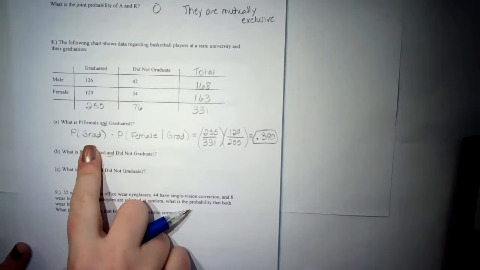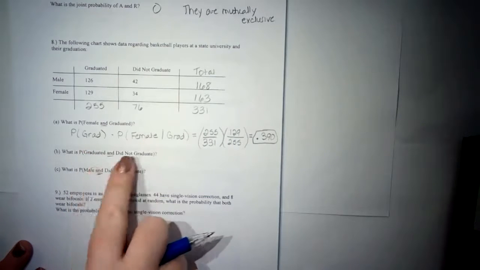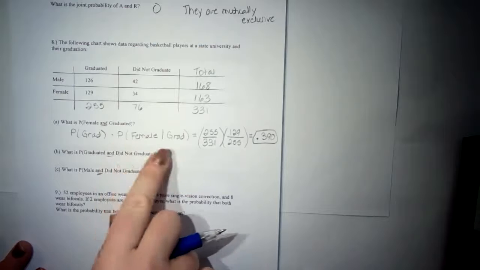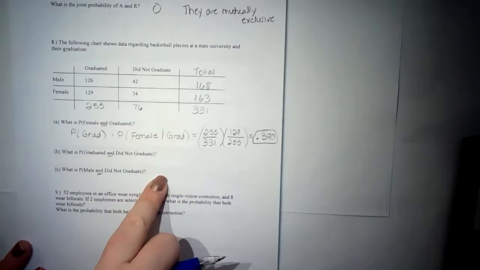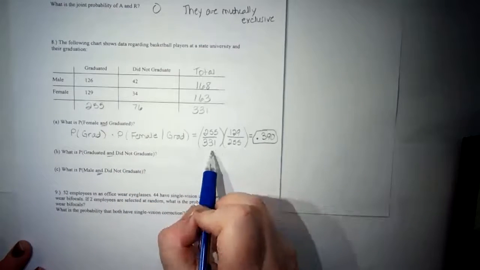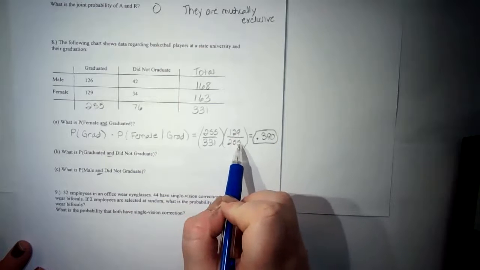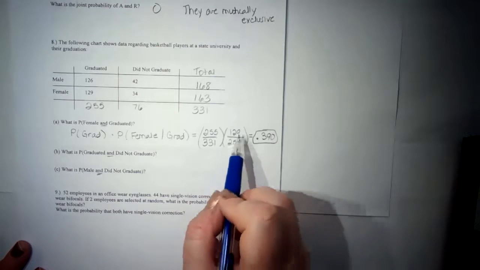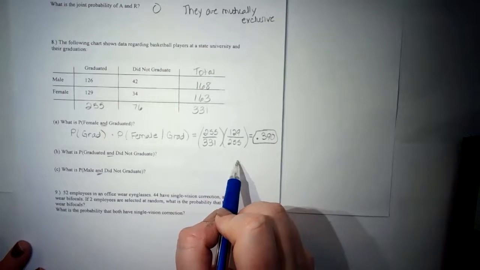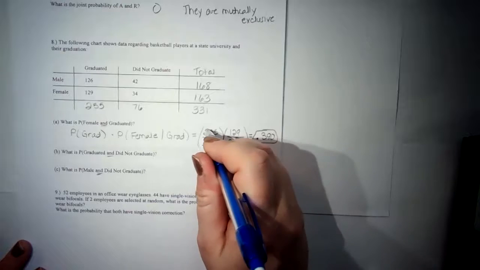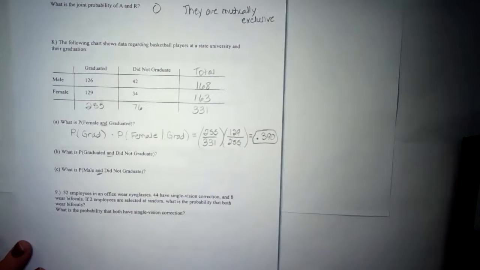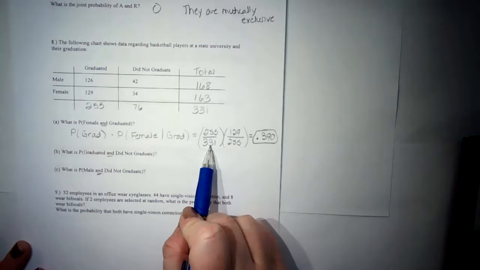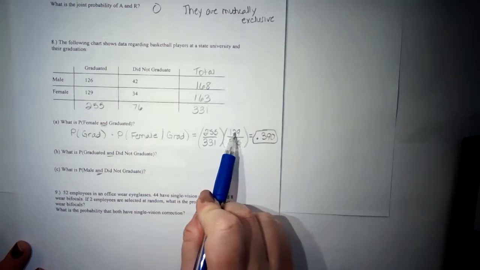The problem is with joint probability, students always forget, and not just students, a lot of people forget how to set this up because it's a little strange. Anybody notice anything about these two fractions? Anything they might have in common? Anything you could do to them? There we go. Look, you can actually cancel those. Happens every time. Then what are we left with? We're left with the big giant total denominator. What's our numerator?